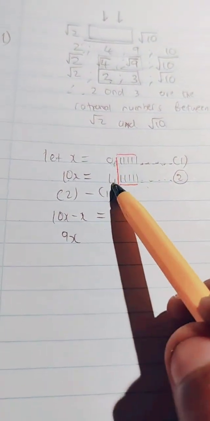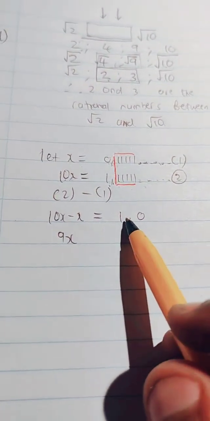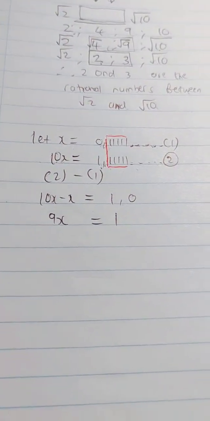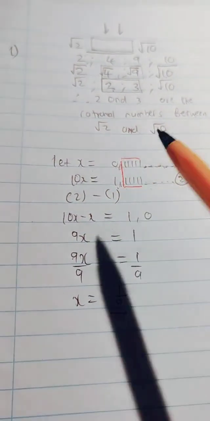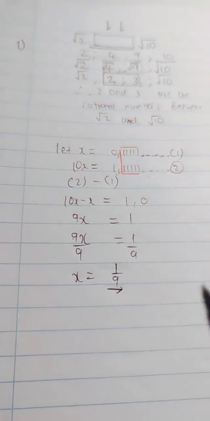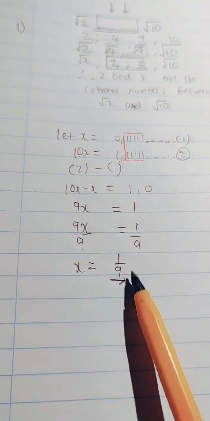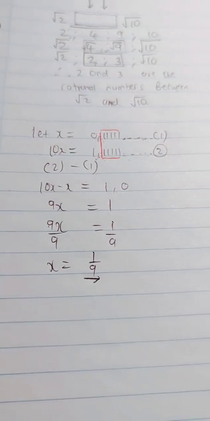But before the comma, what's 1 minus 0? That is 1. And it's nice when you have 1,0, because 1,0 is simply 1. Does that make sense? Then x is equal to, we divide both sides by the coefficient of x, which is 9. So the answer for converting the decimal 0,111 repeated is x is equal to 1/9. That is the answer, right?